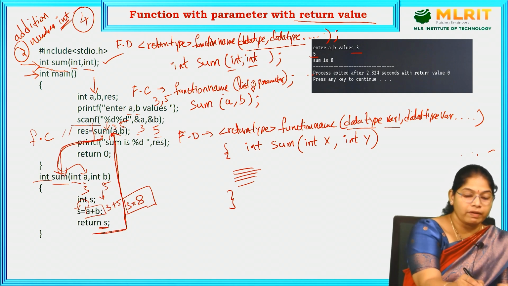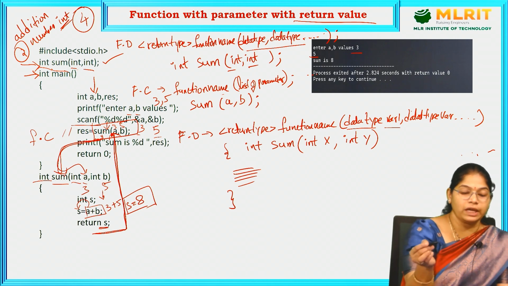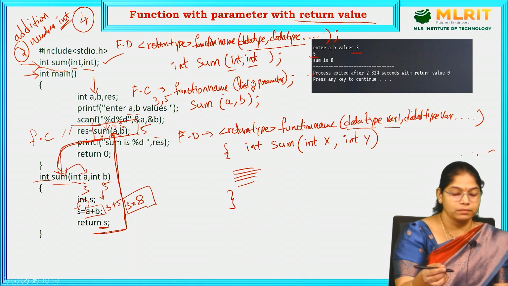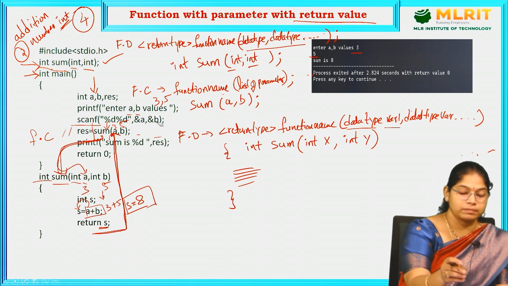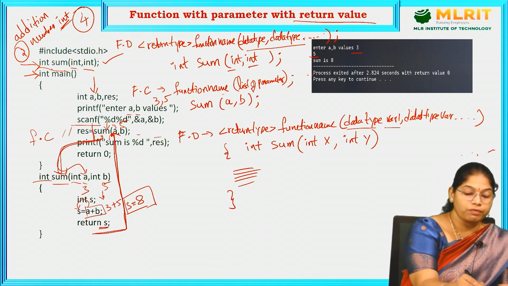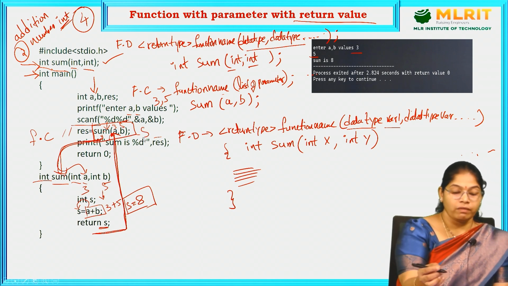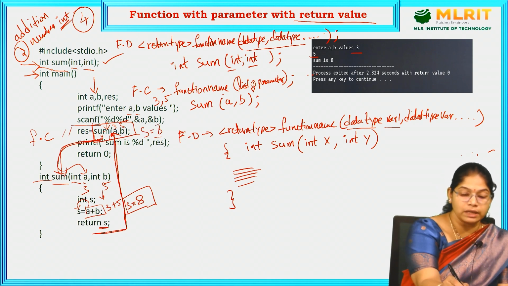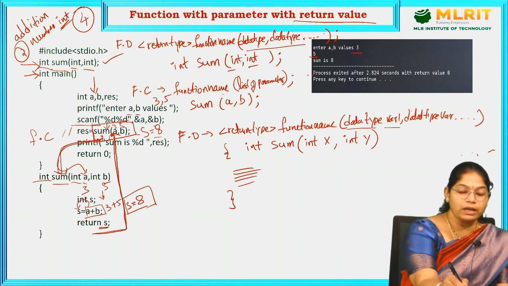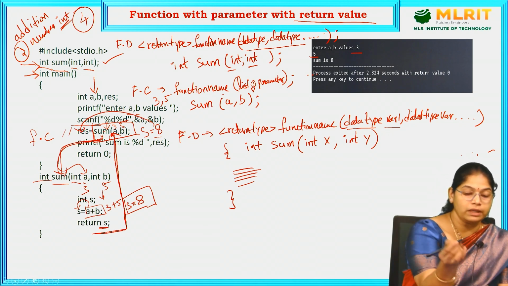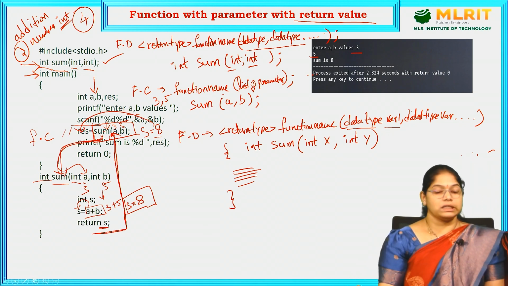So the value of sum of A comma B is s, where s value is 8. That value 8 is stored in the variable result.